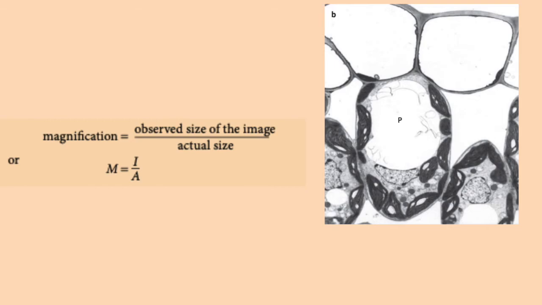So once you have already converted them into micrometer, you use the formula M equals to I over A. For this, if they use the example, the question gives the actual size is 80 micrometer, so it will be whatever that you calculated in the ruler divided by 80 micrometer, and you will get the answer. So the answer must always have a multiplication sign in front to show that this image has a magnification of times, example 700.